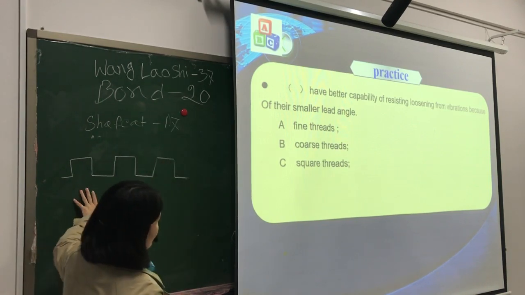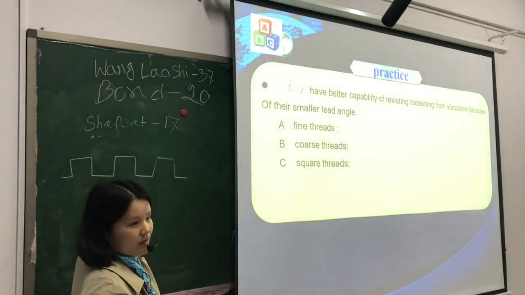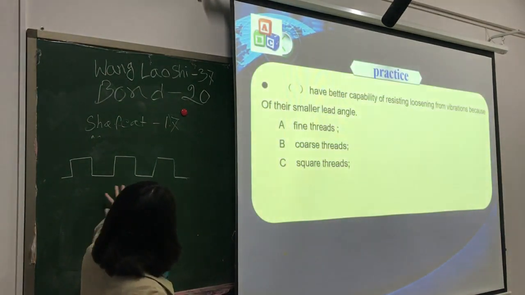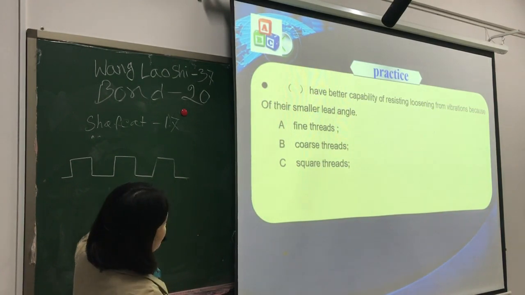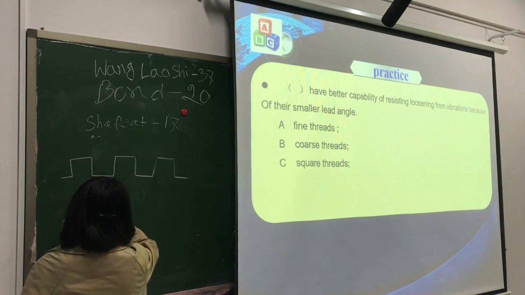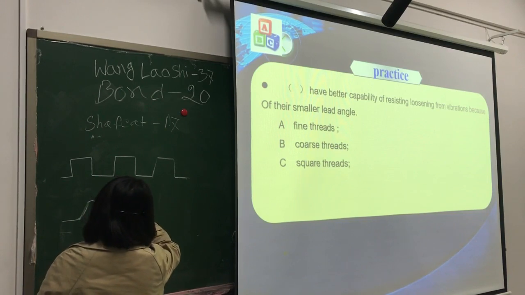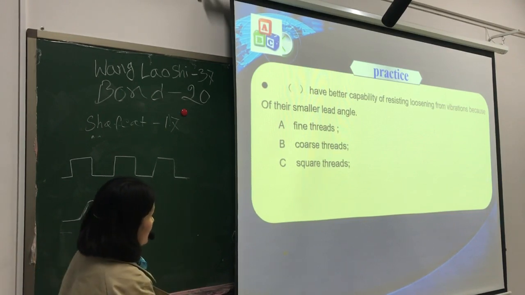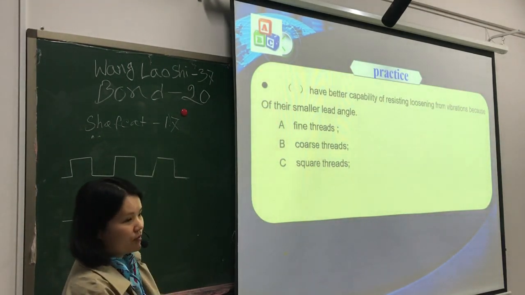The square thread is used for driving force, and we always use ordinary screw thread to join members.